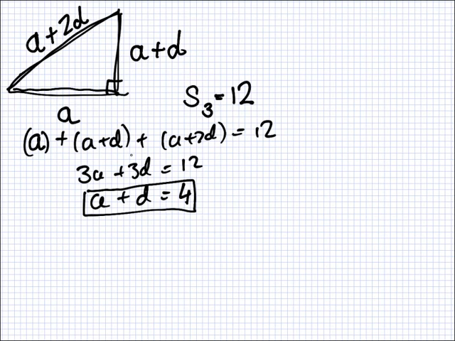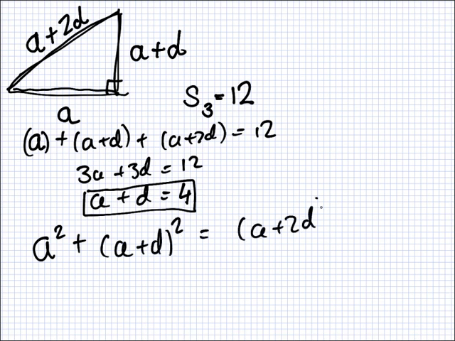What gives us our second equation? Pythagoras. Pythagoras says a squared plus (a plus d) squared equals (a plus 2d) squared. Now we can sub this in here. Do we want to replace a, or do we want to replace d? We want to replace a plus d, although this one's kind of a bit annoying.